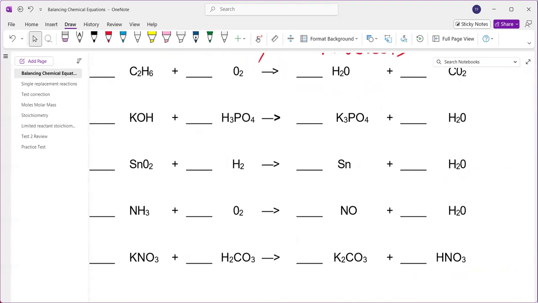And this is a worksheet on Canvas under Files, Unit 4. So that's what we're doing today. And I'm going to spend a fair amount of time in class doing this. So I want you to make sure you understand this.